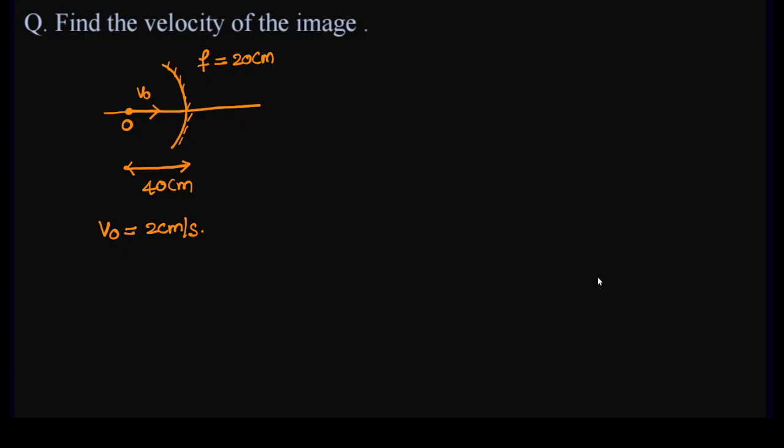Then minus 40 centimeters. So we got minus 40 centimeters now. That is v.